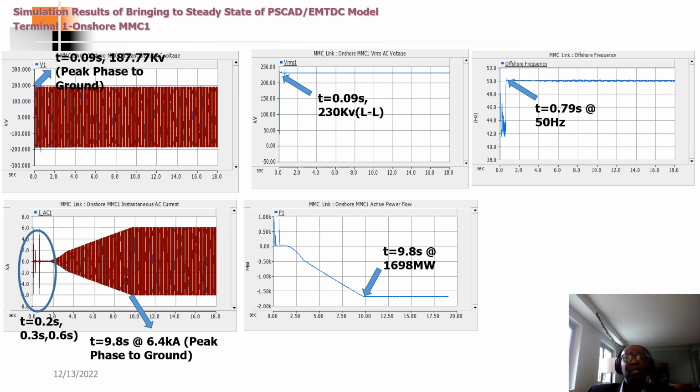On the RMS voltage, I was able to achieve 230 kV line to line at 0.09 seconds. For the offshore frequency, that is island control and grid forming control, I was able to achieve 50 Hz frequency within this time. Then for the current, peak phase to ground instantaneous, I was able to achieve what is required. Then for the active power, for onshore MMC1, I was able to achieve 1698 megawatts at 10 seconds.